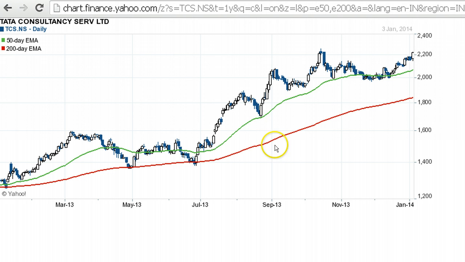We expect there to be more demand for the company than the supply of shares, so we expect it to trade above the EMA line most of the time. You can see there are only a few times, like here, that it has traded below the 50-day EMA, and for the last 1 year it has never gone down below the 200-day EMA by much.